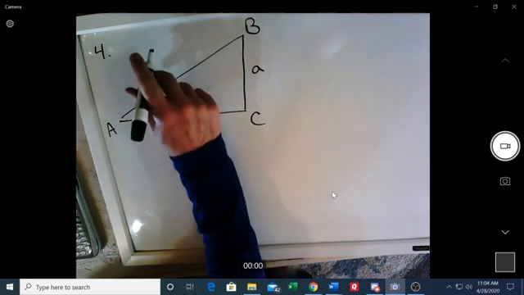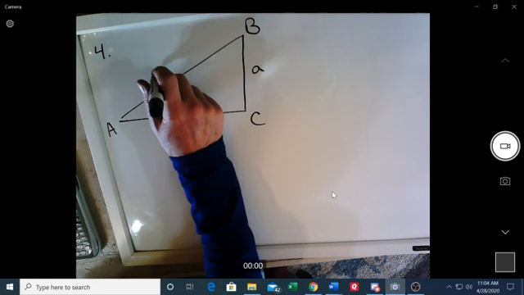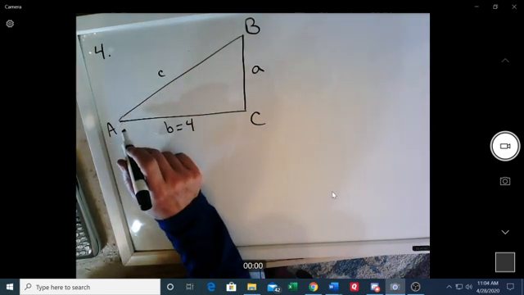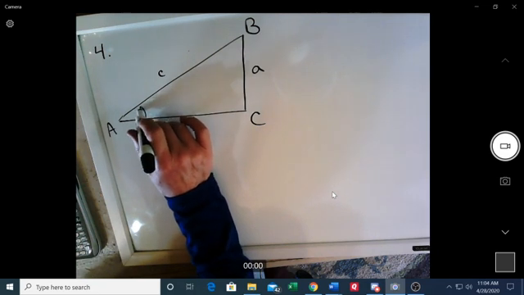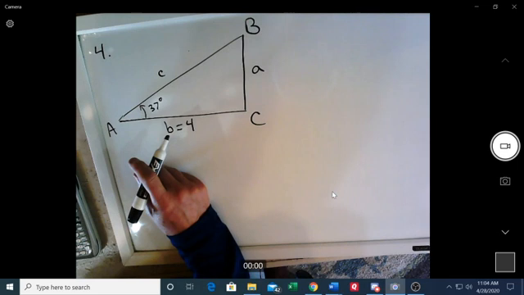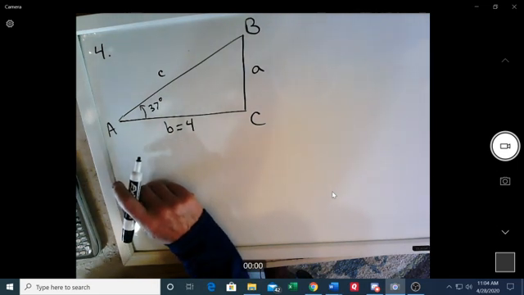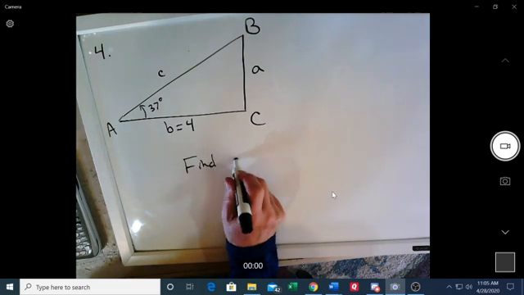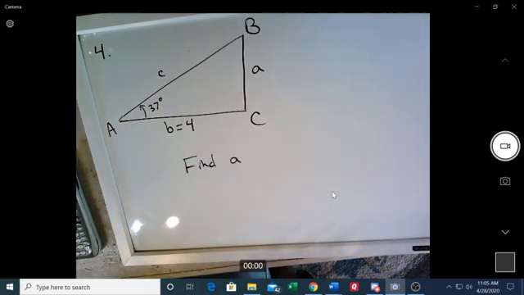Opposite of cap C is little c. We don't know what that is. And we know that cap A is 37 degrees. Find little a. I'll give you a minute.